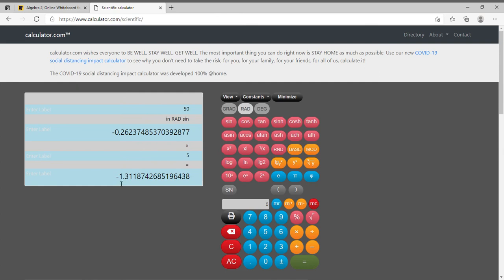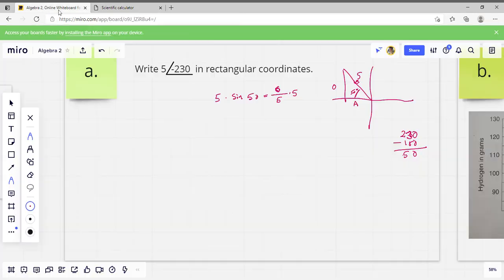And we get, nope, doing that wrong. We need to make sure that's in degrees. So 50, clear everything. 50, sine of 50 degrees times 5, 3.83. Okay, so that means that this one is 3.83. That's our O.